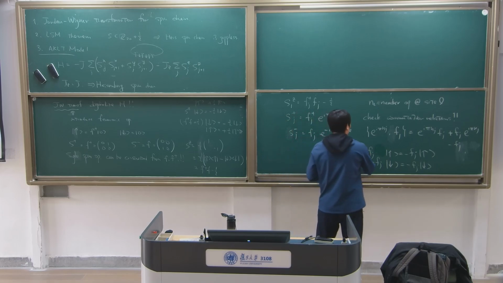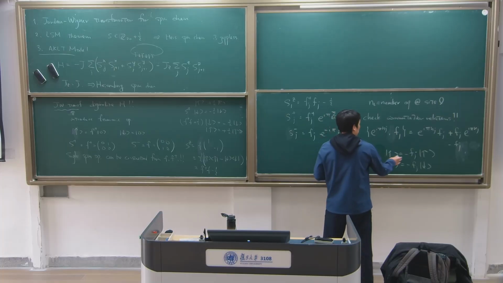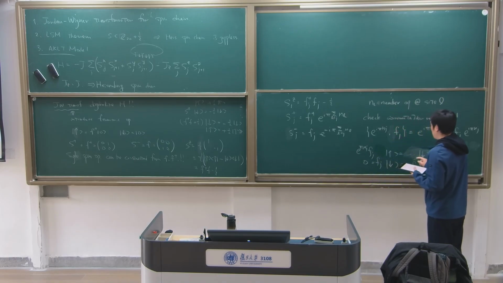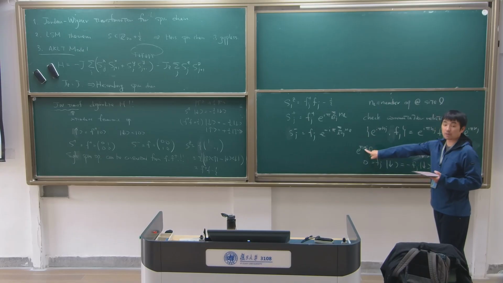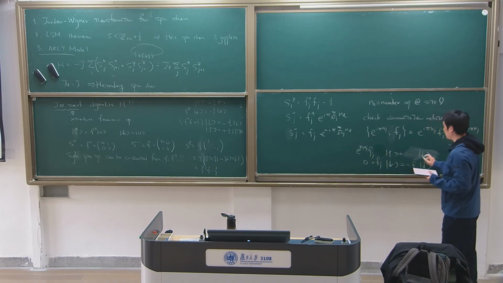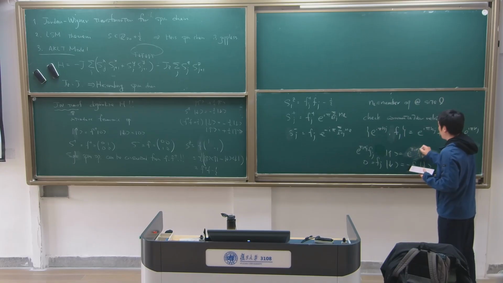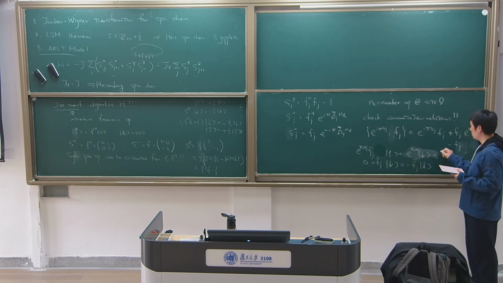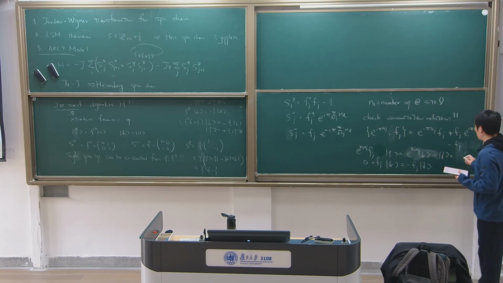How about this one? If you act on e to the pi i Nj, then Fj. If Fj acts on this one, you will get the negative sign, and you get a 0. So it's just 1, and Nj equals 0. So if Fj acts on the spin up, you get the spin down. And if you act on e to the pi i Nj and Fj acts on this, this is 0. Okay? So therefore this is 1, and this is equal to Fj spin up.